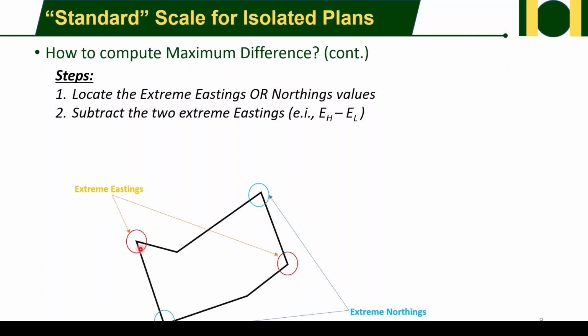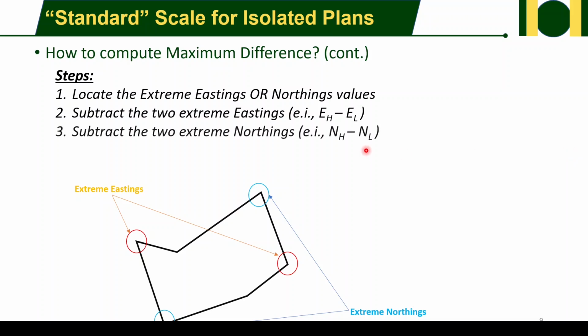If we recall, eastings is 0 here and increases to the right indefinitely.